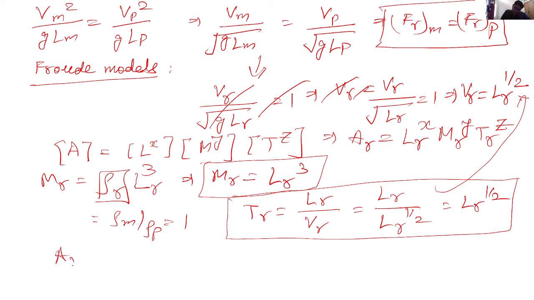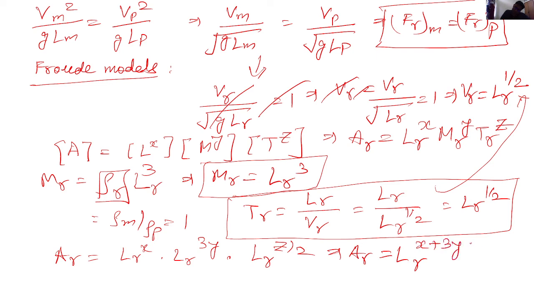So AR, the scale ratio for this physical variable A, can be represented as LR power X times LR power 3y, because the mass scale ratio is LR to the power 3, times LR power Z by 2, because the time scale ratio is LR to the power 1 by 2. This gives us the scale ratio for A as LR to the power X plus 3y plus Z by 2.